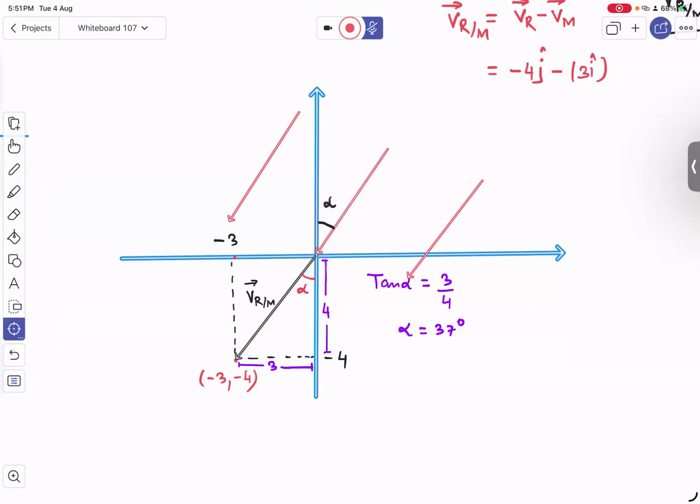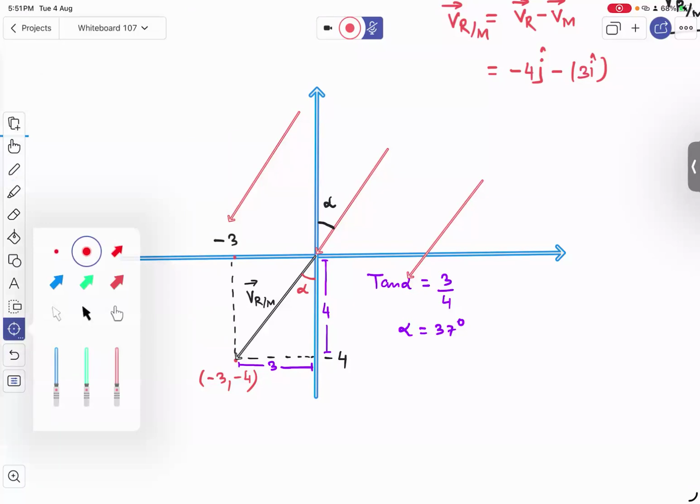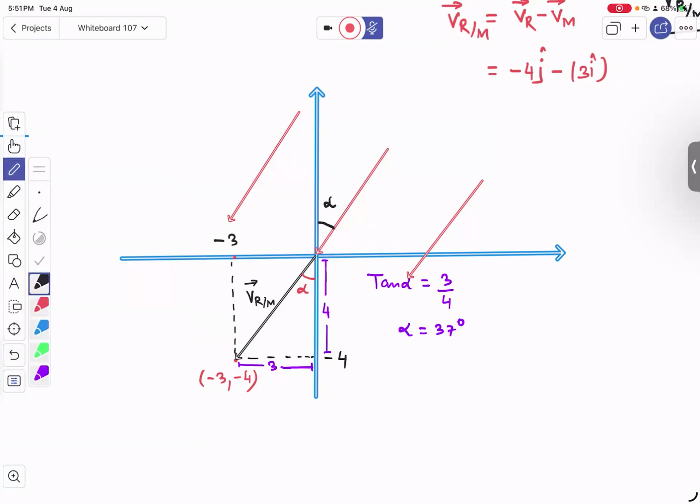So to the man, the rain will appear to come along this direction. So how should he hold the umbrella? He should be holding the umbrella like this, correct? The axis of the umbrella must lie along the arrow along which the velocity of the rain is seen from the frame of the man.